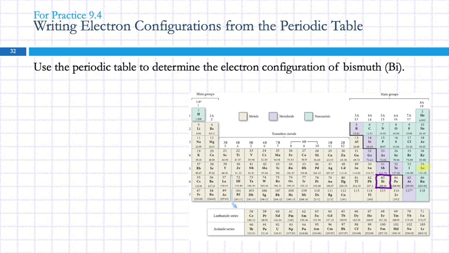So that's the previous noble gas. And so we can start with that. So it's the electron configuration of xenon plus, so we go to this next row, and this is row 6, and the first 2 are the S group. So 6s2.